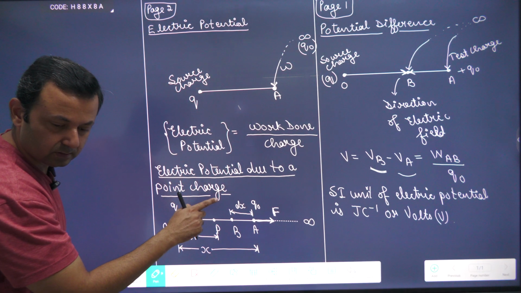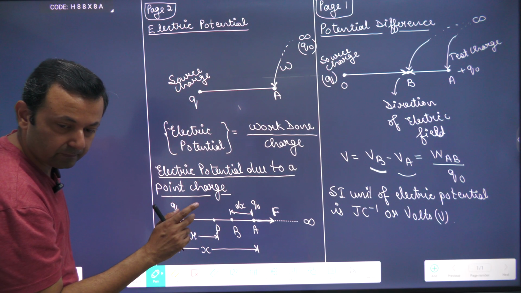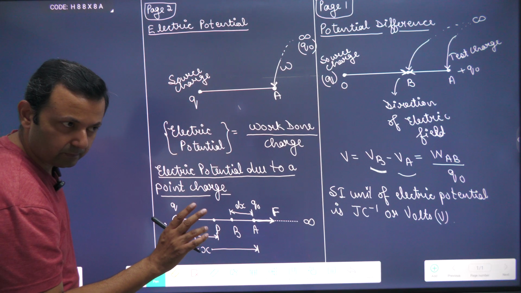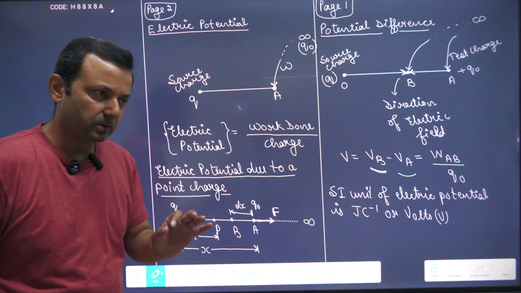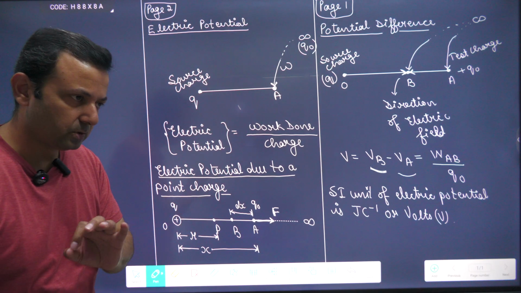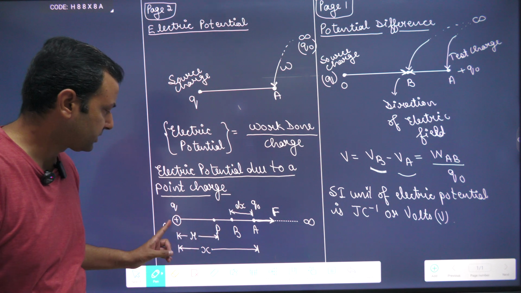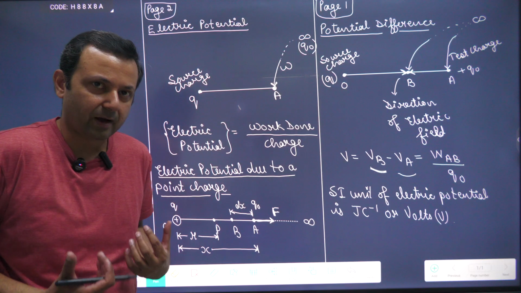What about the test charge? No. First of all, you do not need to focus on this test charge Q naught. First of all, I am focusing on this charge Q. This is called source charge. Source charge means the charge which I already have.